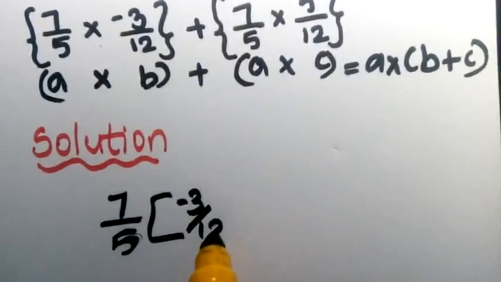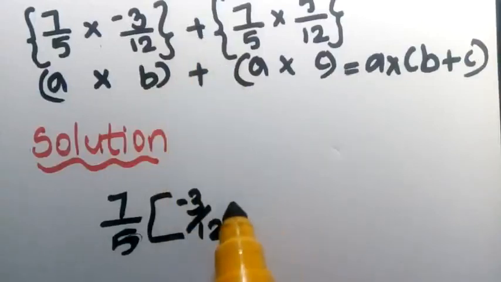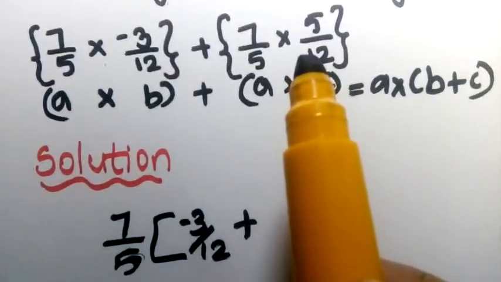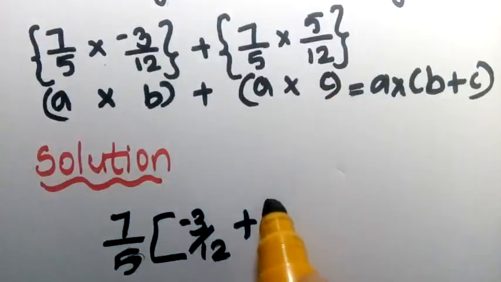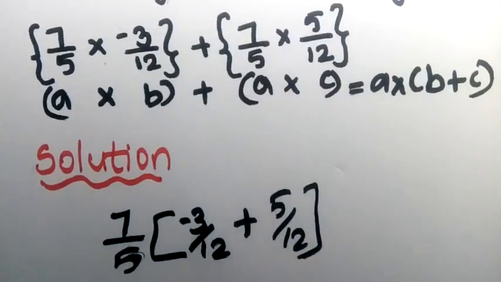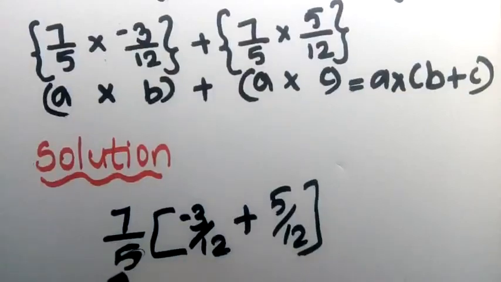Minus 3 by 12 plus, what is the term left in this term? Yes, 5 by 12. Now it is like A into B plus C. Now we need to solve the bracket first.